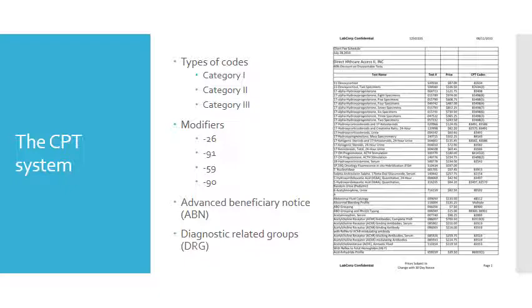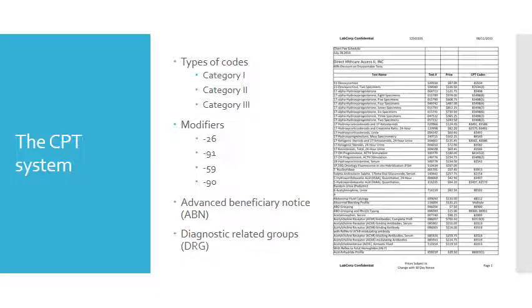And then we have category 3, which is the category of temporary codes. We do use this because these are codes that are set for emerging technologies. So these new procedures that might exist, they don't yet meet the requirements of having a category 1 code.